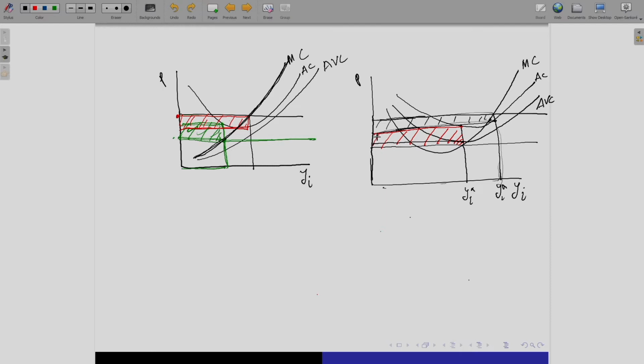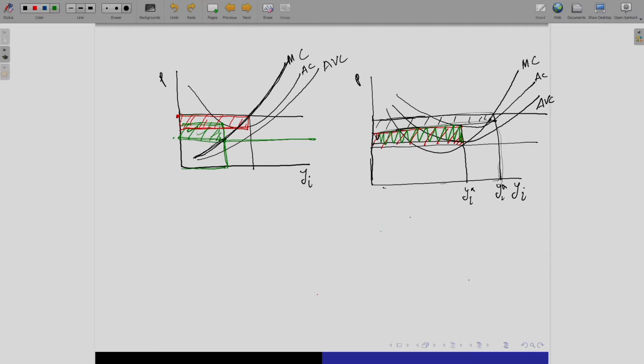So this green rectangle is the difference between average cost into output and average variable cost into output.